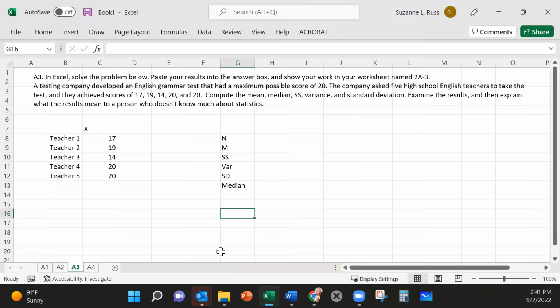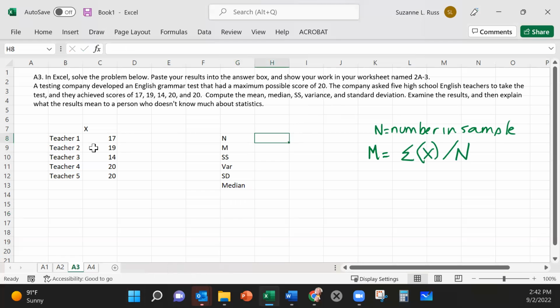The very first thing we need is N, which is the number in the sample. In this case, it is 5. Then we need to calculate the mean, which is the sum of all the scores indicated by X divided by N. I can see we have 5 teachers.